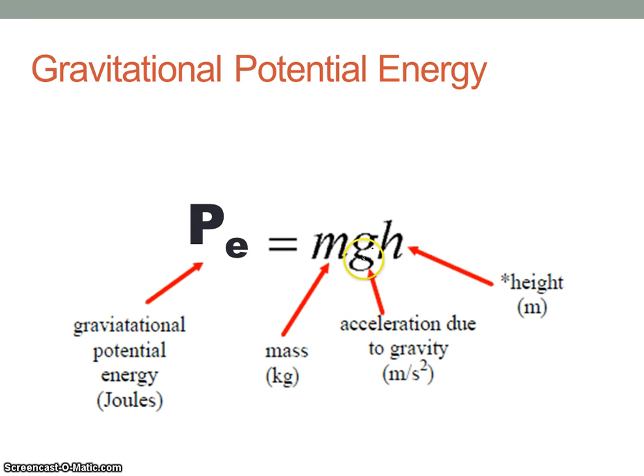So this g is going to be that same g that we used in previous units, and it will be represented with a 10 meters per second squared. Because if you lift something above the ground, if you give it height, and it has mass, there is a gravitational force on it, so you've basically given it stored potential energy based on its position above the ground.